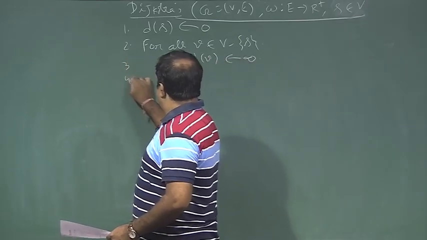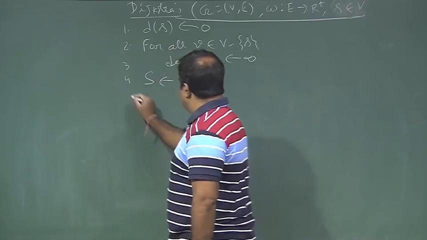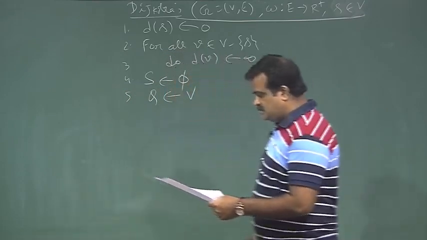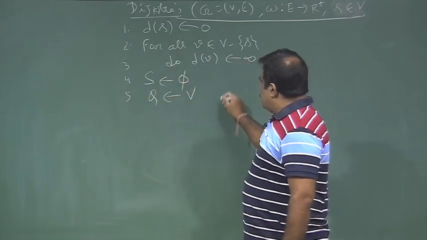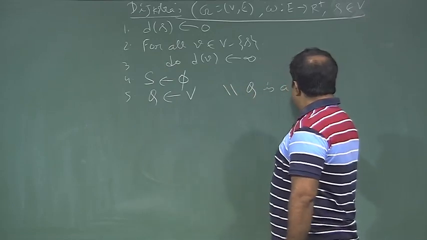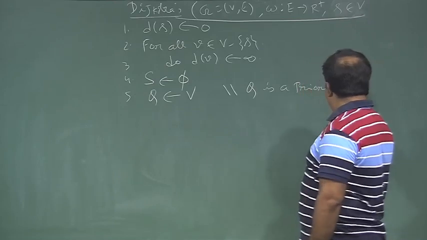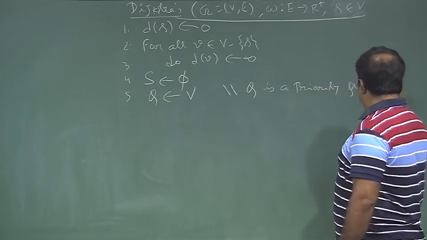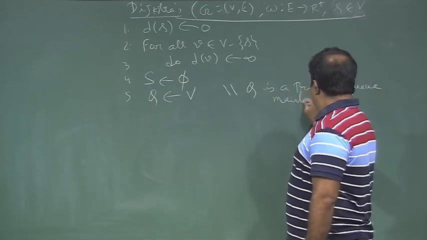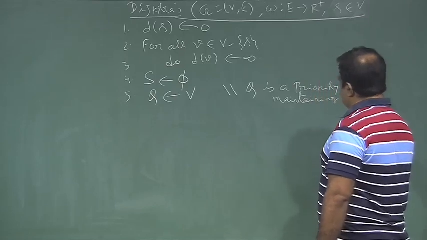So, this is lines 3 and 4, and now S is initialized, and then we put a priority queue of all other vertices. Q is a priority queue, like we did in Prim's algorithm, maintaining V minus S basically.